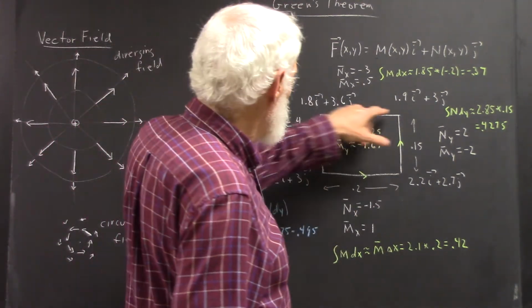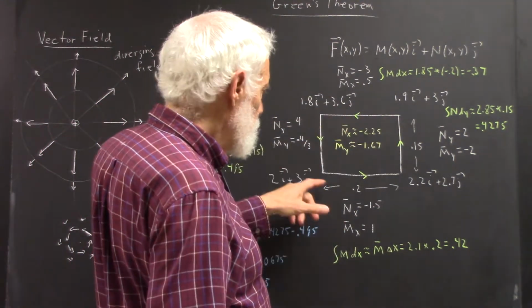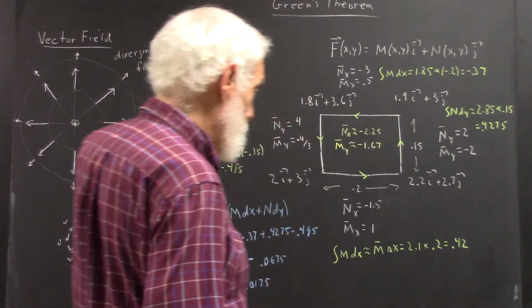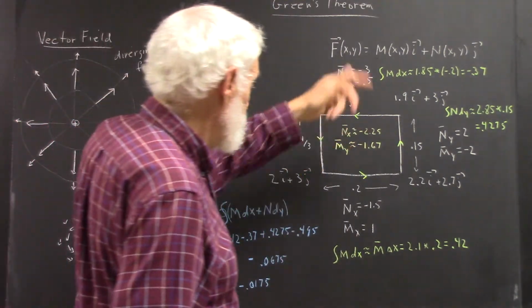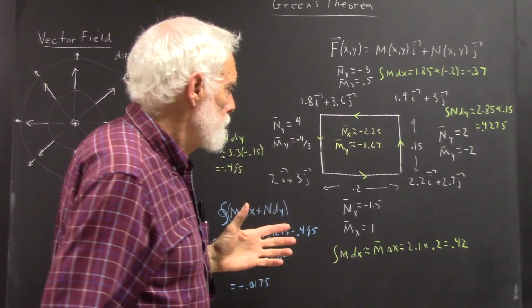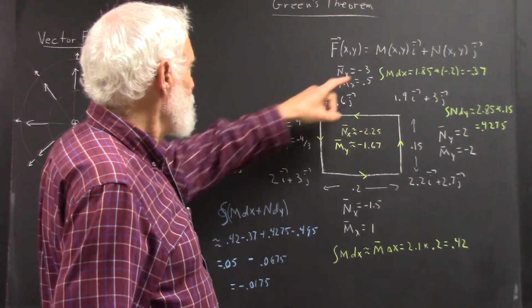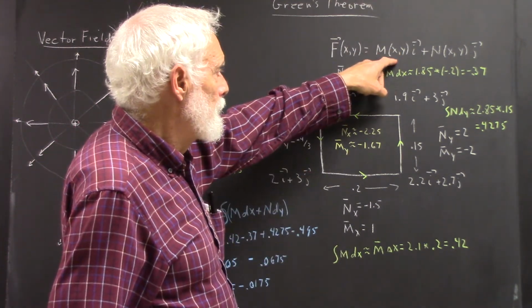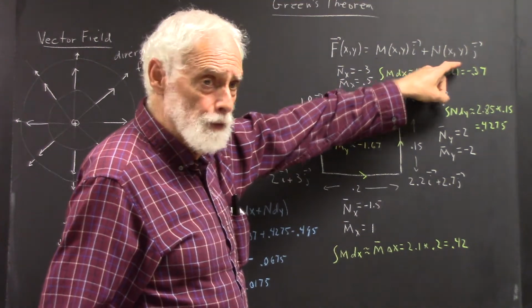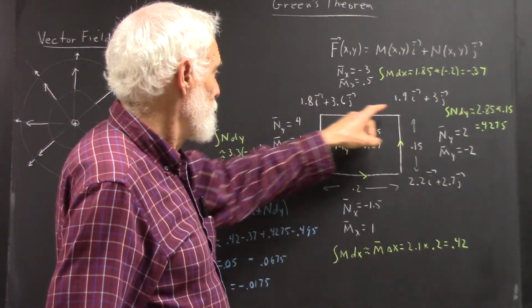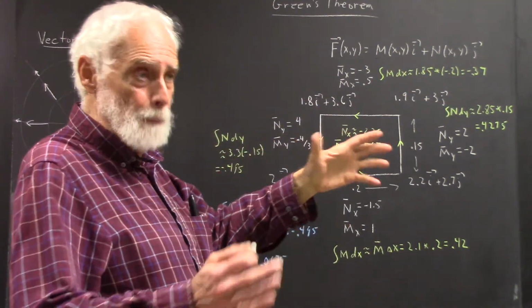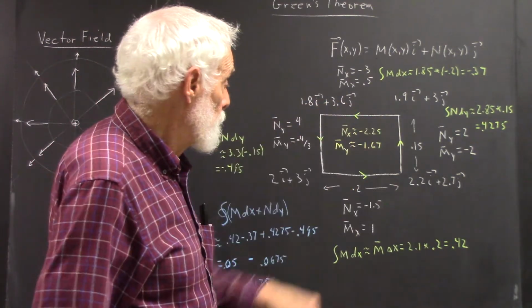So here I have a rectangle in the plane. It doesn't matter what the coordinates of the vertices in this rectangle are. All that matters is the value of M of x, y and N of x, y at the corner points. Now there are other things that matter, but we're going to focus just on this.